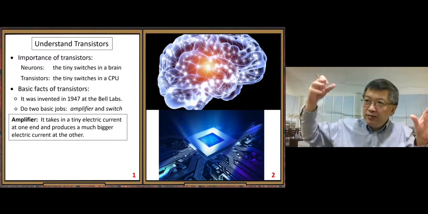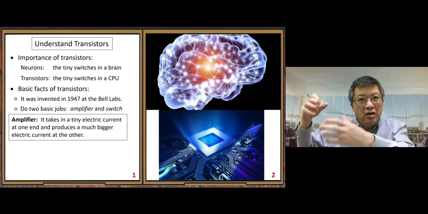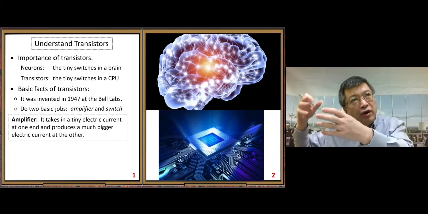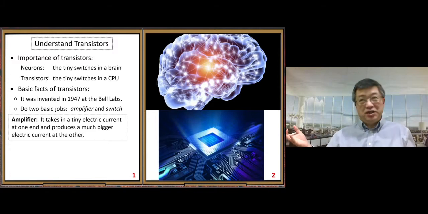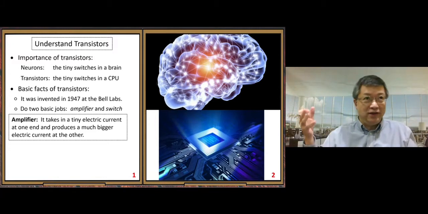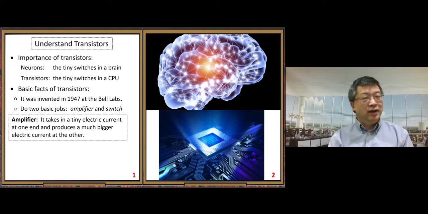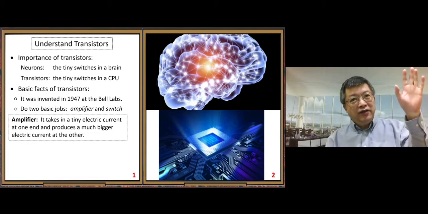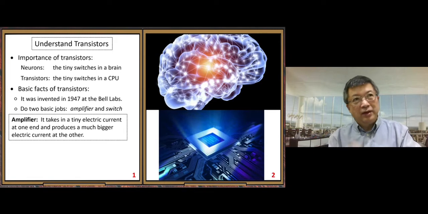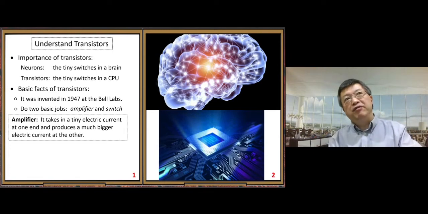Then at the other end, it produces a much bigger, stronger electric current. Transistors have this property, amplifier. In many real-world applications, we need this property.